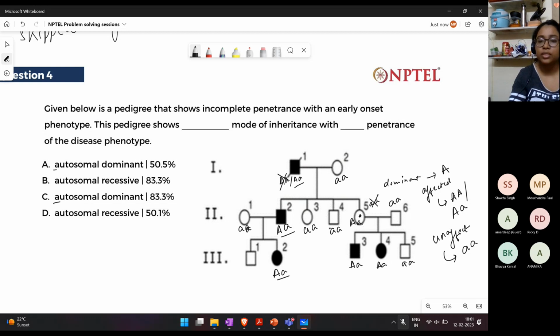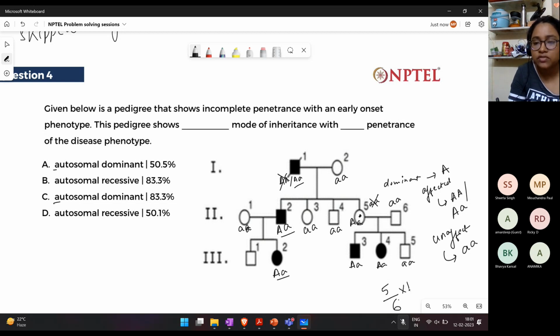Okay, so for calculating penetrance, first we have to see how many people are actually showing the symptoms. One, two, three, four, five. 5 people are showing symptoms. And then divide it by how many people are there in this pedigree with the genotype capital A, small a. So 1, 2, 3, 4, 5, 6. So 6 people are having capital A, small a.